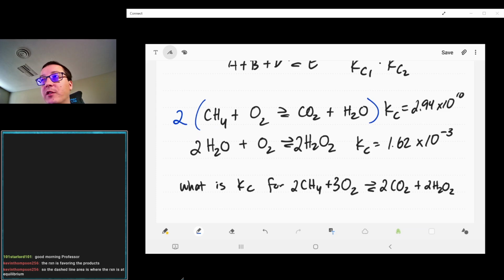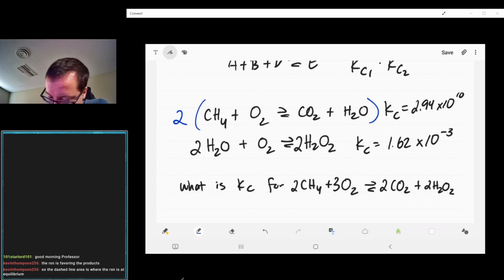Notice we would end up with 2 waters as well, because that's what we need to go forward with our second reaction. And so we're going to need to multiply the first reaction by 2. Second reaction we're going to leave alone.